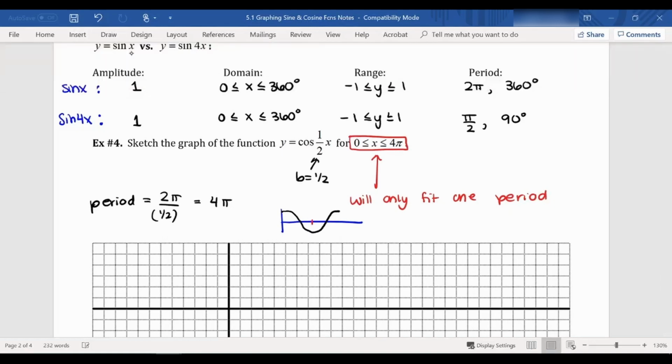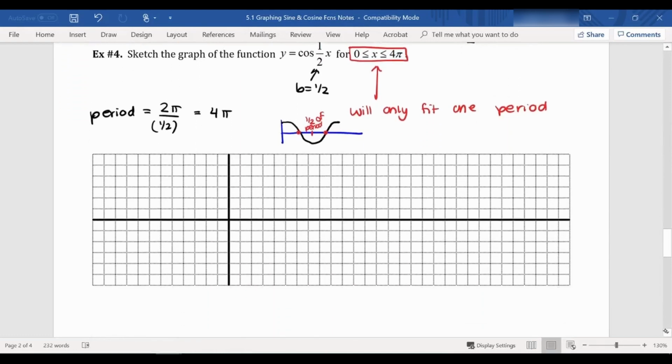Our minimum is halfway. Okay. And then our x-intercepts are our other half points. So I know that my maximum and my minimum are still 1 and -1. So as long as my y-axis I can reach there, we're good.